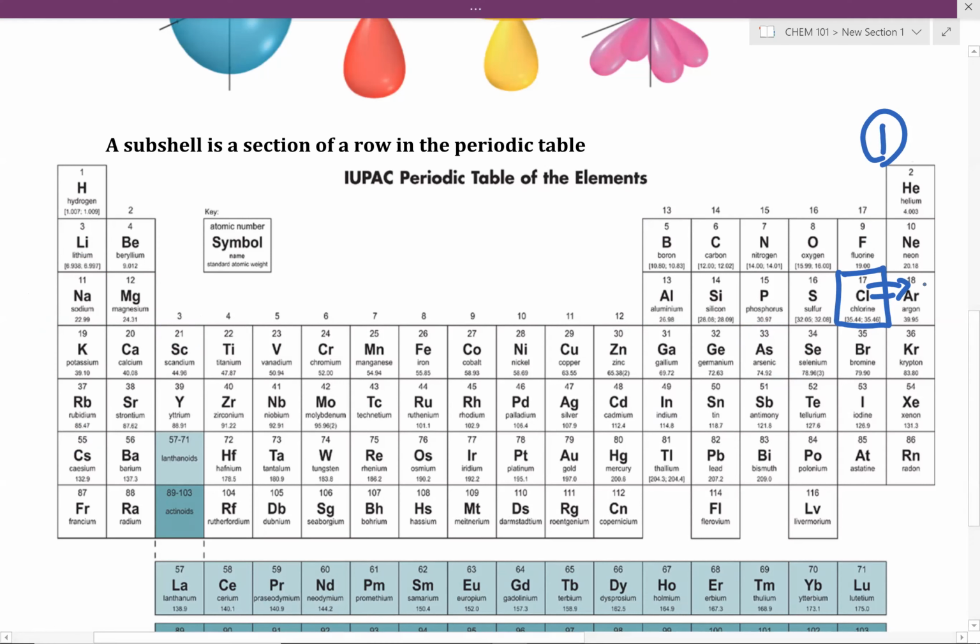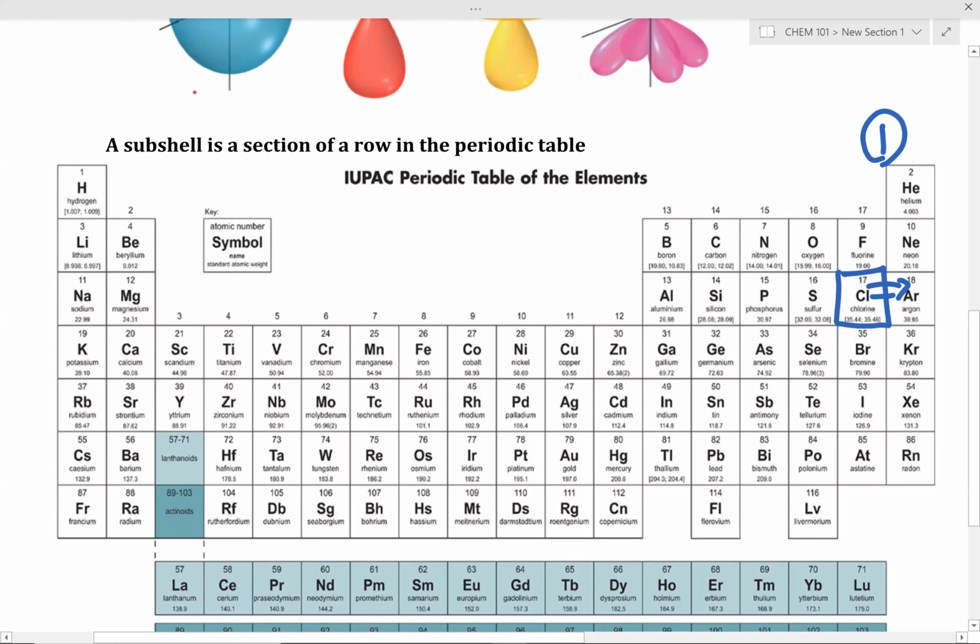Now, if you want to figure out an isoelectronic cation, what you do is you box in elements after the noble gas and you count the number of spaces needed to reach the noble gas. So in this case, potassium would take 1. So if you're isoelectronic with Cl minus, we need to have potassium plus.